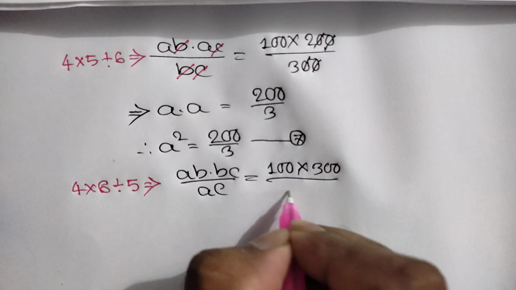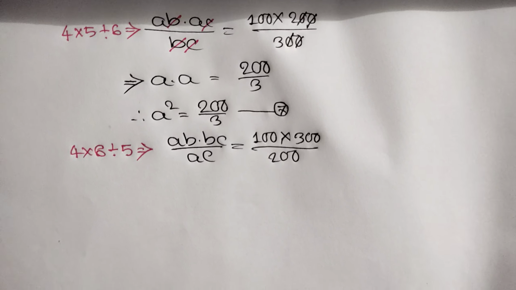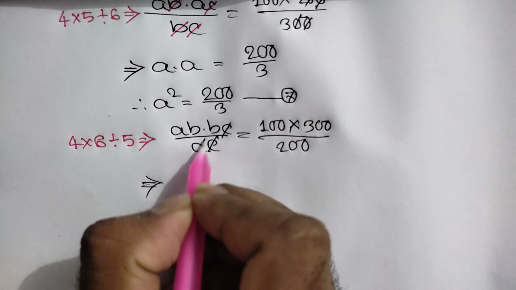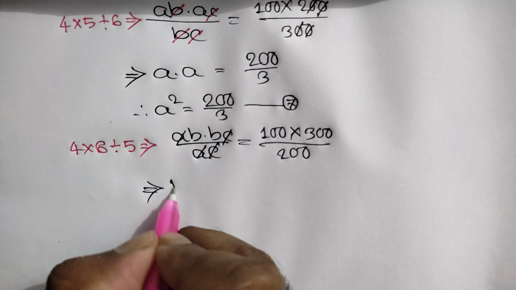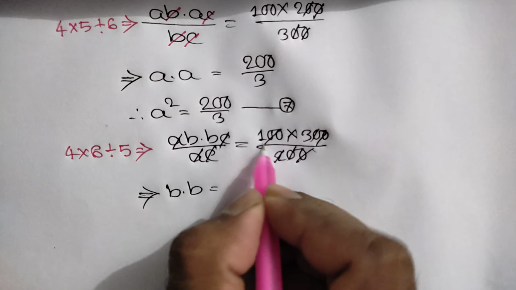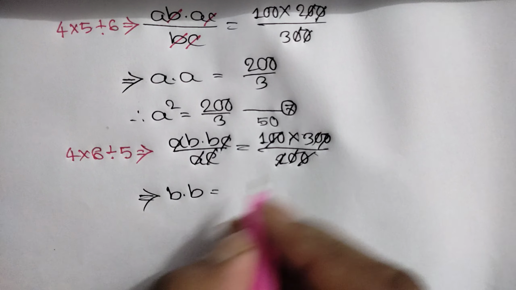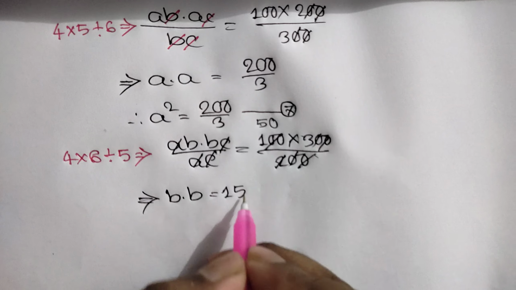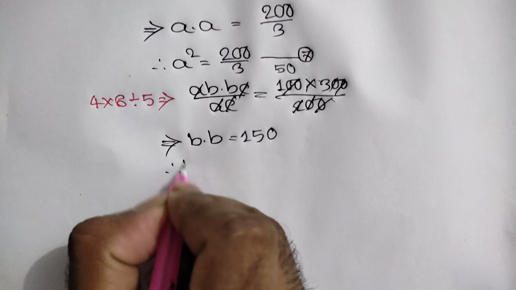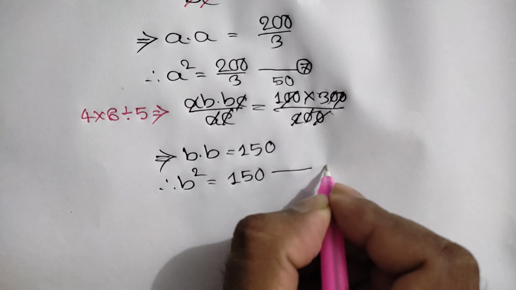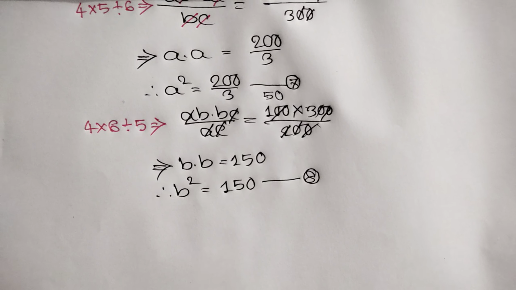Or here C cancels out C, A cancels out A, so we will find B times B is equal to 3 times 5 is 15 with one zero. So we found B square is equal to 150, and it is called equation 8.